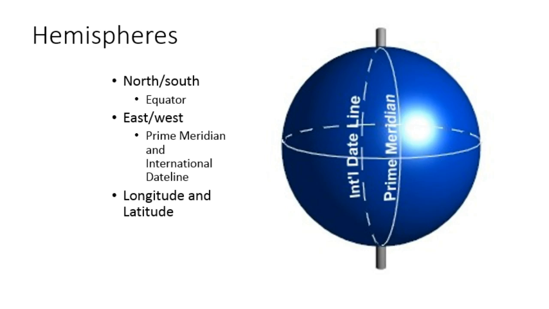We can divide the Earth into hemispheres for the purposes of creating a grid pattern like that used for latitude and longitude. If we divide the Earth along a horizontal division line, we create a northern hemisphere and a southern hemisphere. The line that divides them is called the equator.